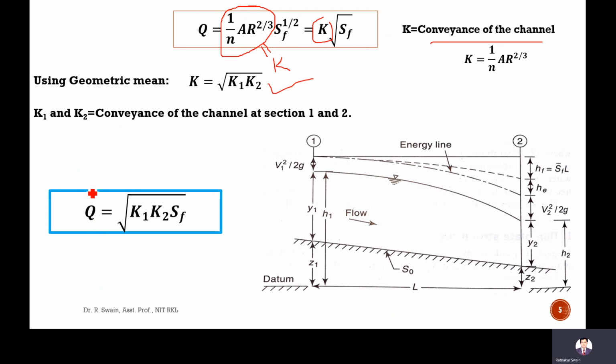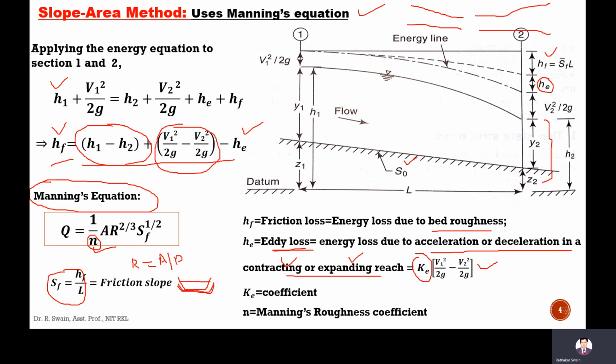The discharge between these two sections is then K into square root of SF, or square root of K1 K2 SF. Like this, the discharge is calculated in an open channel using the slope area method.